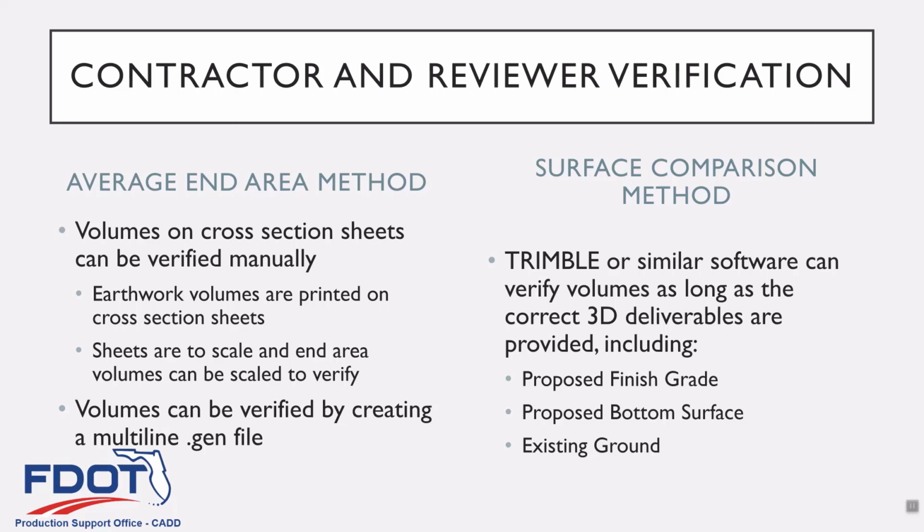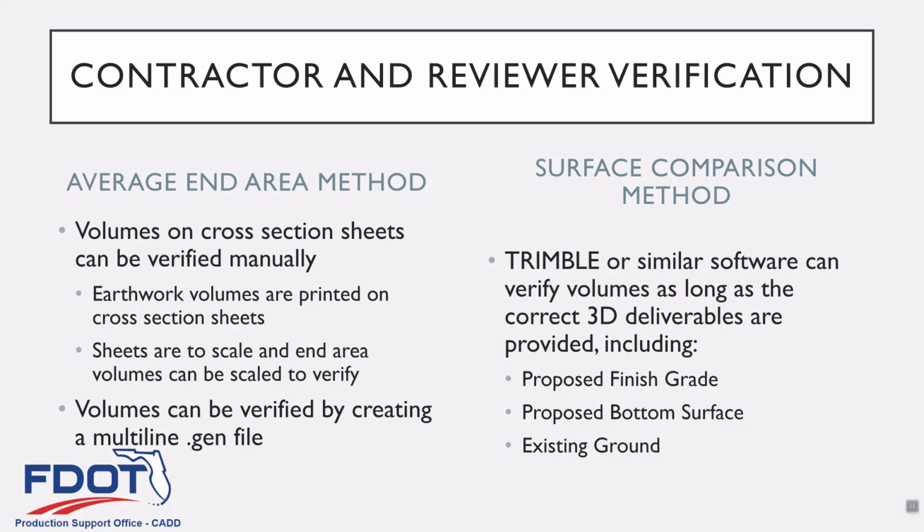With the average end area method, the way we did it before is you can verify it manually, scale it off, or you can create a multi-line gen file. Those were the two primary methods for average end area. You could also verify by creating surfaces and doing a surface to surface comparison, just as a different method.